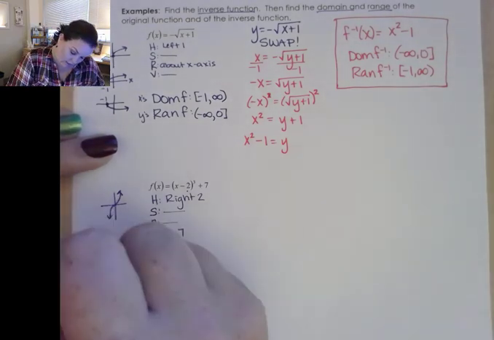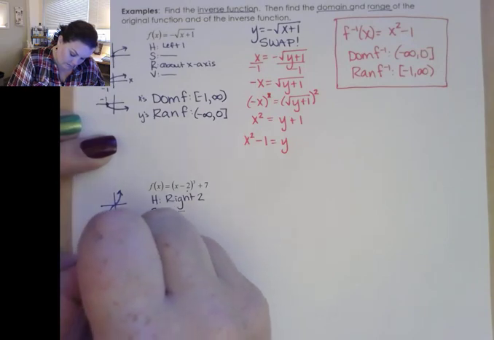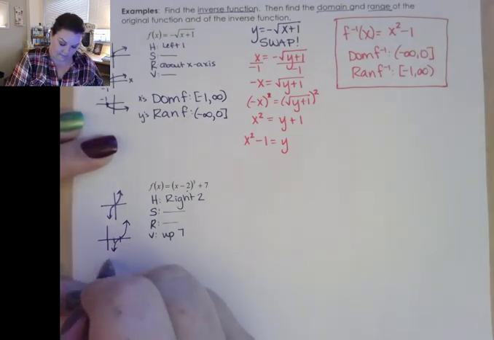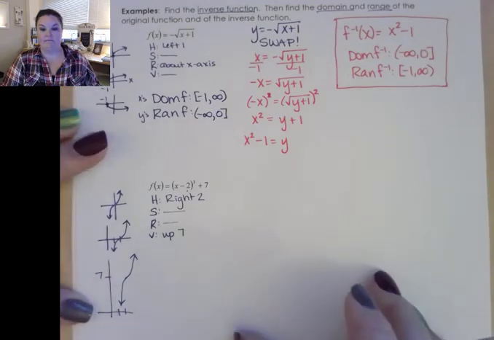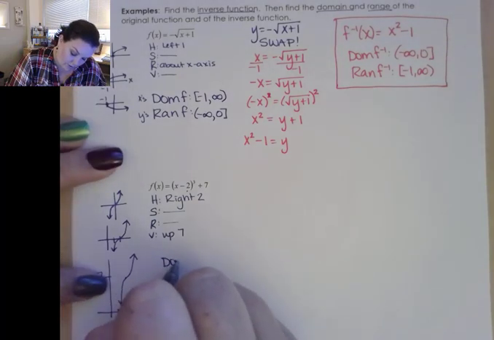So to move it to the right 2, 1, 2, now it's going to look something like this, right? If we move it over. And then up 7, we're just going to pretend here's 7, now it's going to be something like this, right?